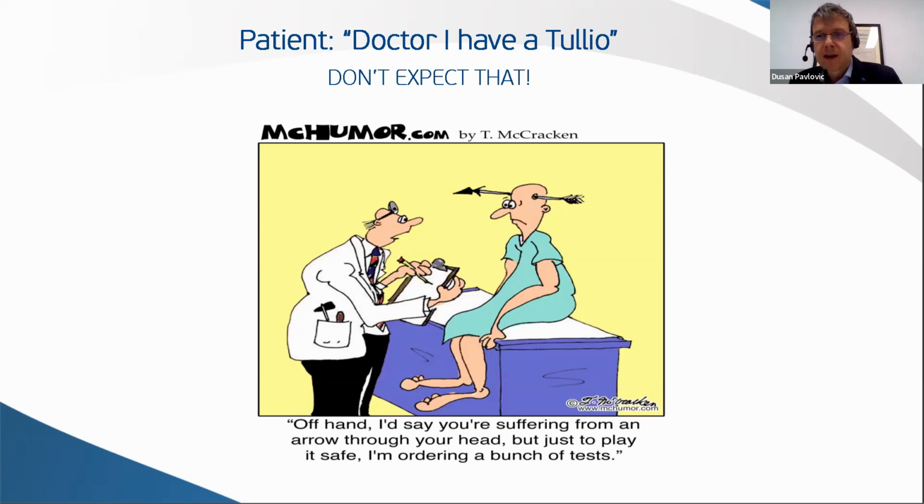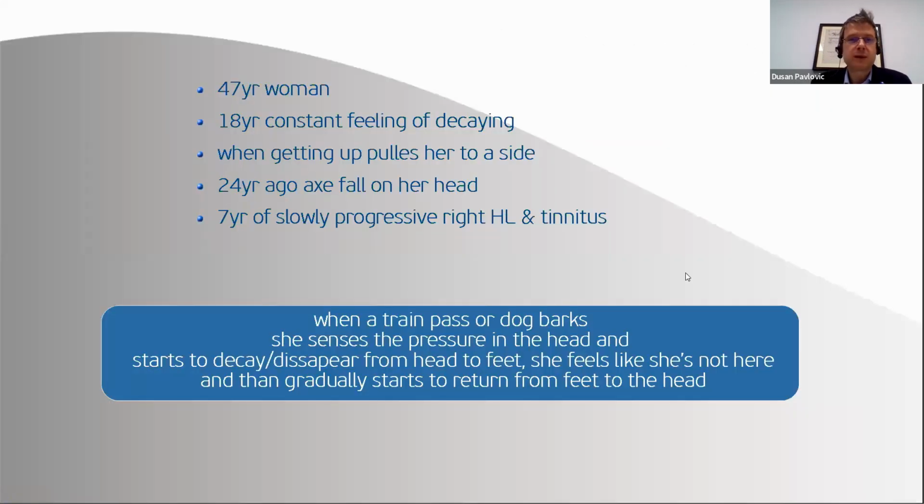And if you ask the patient, do you have vertigo to specific sounds? It is important, when you're taking a history, to ask the patient to describe what he feels in his head and body when he is exposed to some sounds.